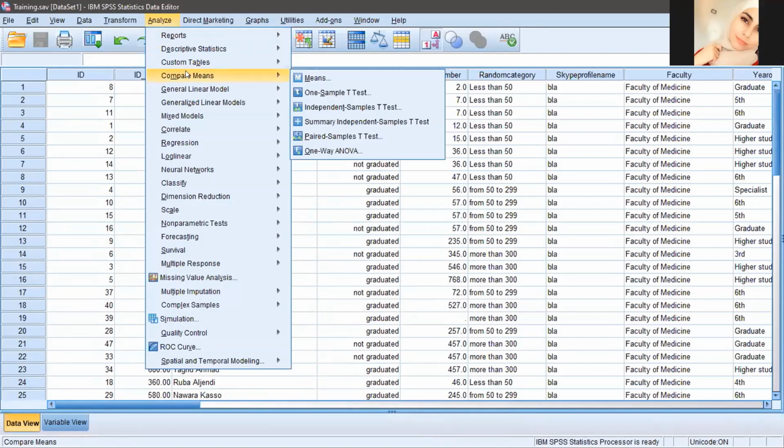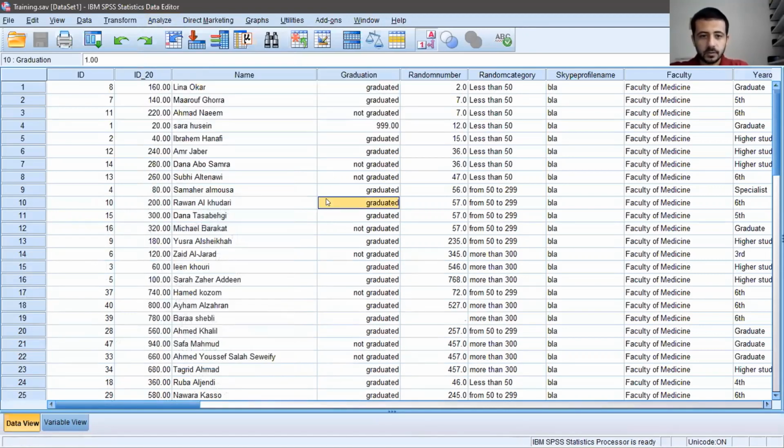Nope. Okay, so let's remember comparing the means. What are the columns that are applicable to the first assumption for the t-test? Let's think about it. I need continuous data, interval data, not ordinal data.